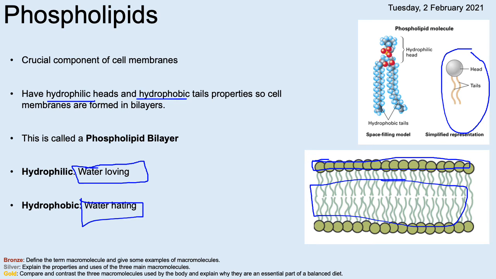So say the water and the hydrophobic tails are both north pole, they would repel, and that would also mean that the hydrophilic heads are south pole if the water is north pole, so opposites attract. That is a good way that one of my teachers described it to me.